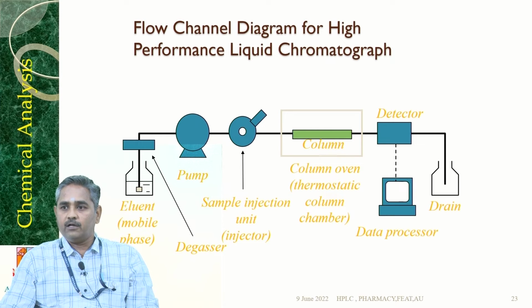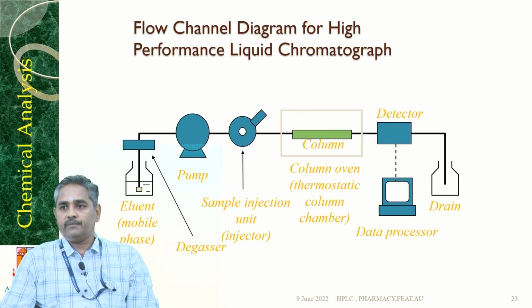Once the mobile phase along with the sample comes out of the column, it enters the detector. Various detectors are used in HPLC, depending on the nature of the sample under study. If the sample absorbs UV radiation, you can use a UV detector or a PDA detector, a photodiode array detector, which scans the entering wavelength from 200 to 800 nanometers.